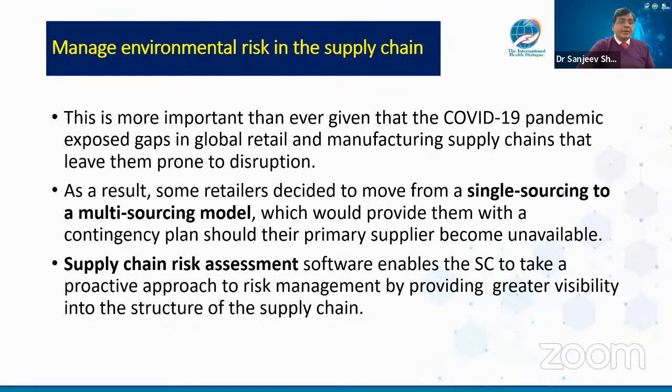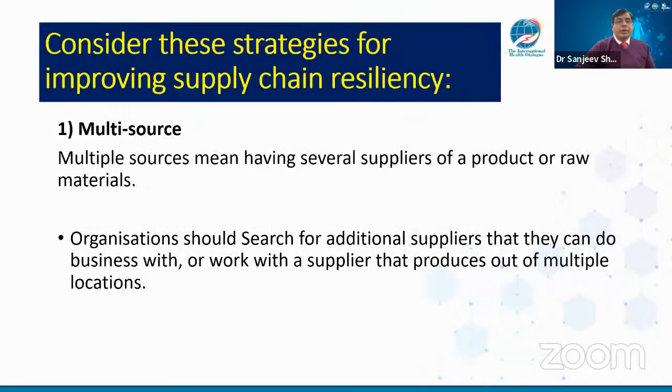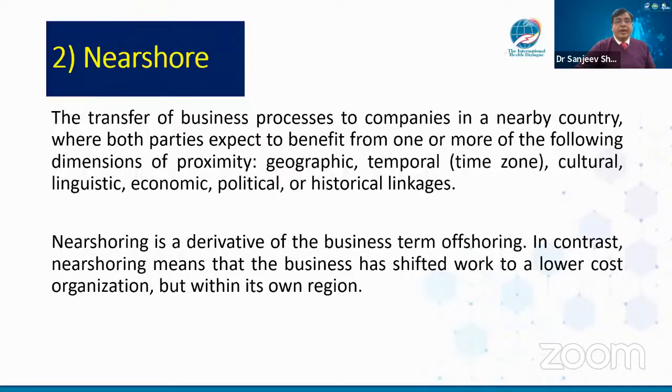We started looking into our supply chain risk assessment through software to see where we are weak, and we started looking into where the product is right now, how much of it is there. We started looking for multiple sources, as I told, rather than one supplier, multiple suppliers, so that if one supplier is having a problem, we can get it from another.